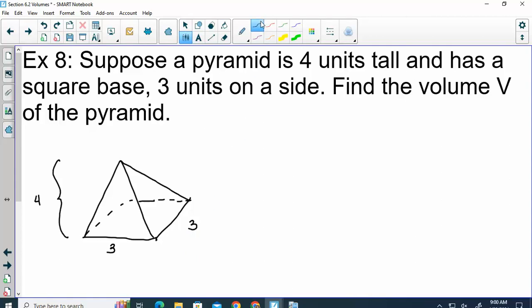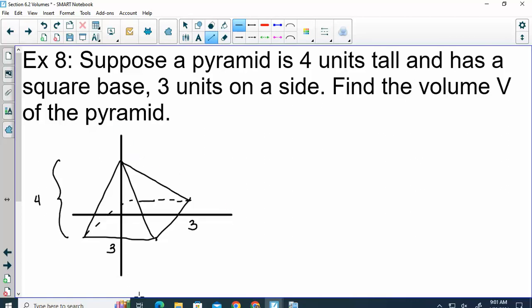So if I want to picture this with an axis, like try to visualize if this thing were placed, so it's 3-dimensional, right? So it's sitting where the base is sitting on the x-axis and going up from there. How would I find the volume? So if we're going up, are we integrating with x's or y's? Y's.